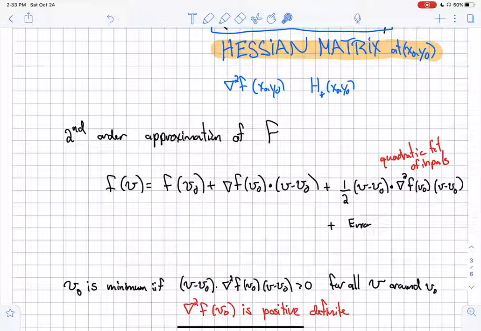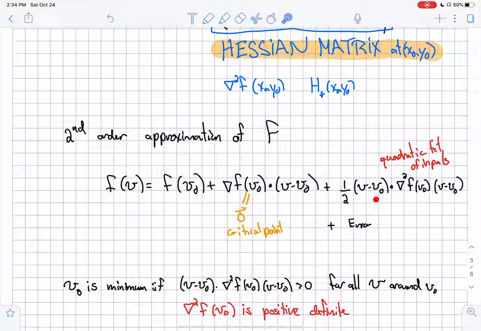Now, when do I have a minimum? Well, I have a minimum, again, if f of v is always bigger than f of v0 locally. Again, we ask that this is the zero vector, so that's being a critical point. And so for f of v to be always bigger, I would need this term to be always positive for any v.